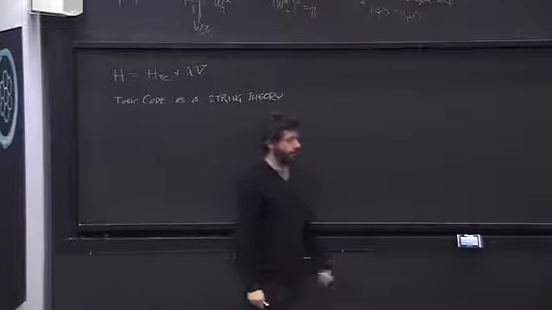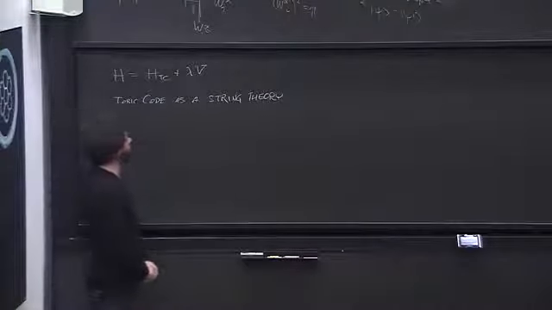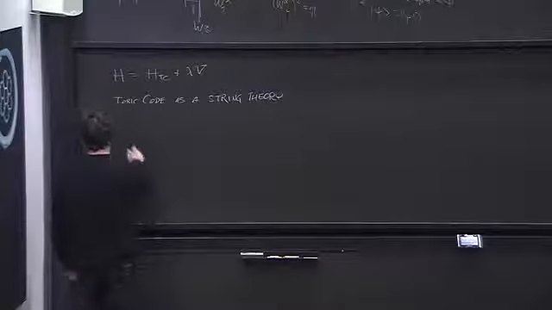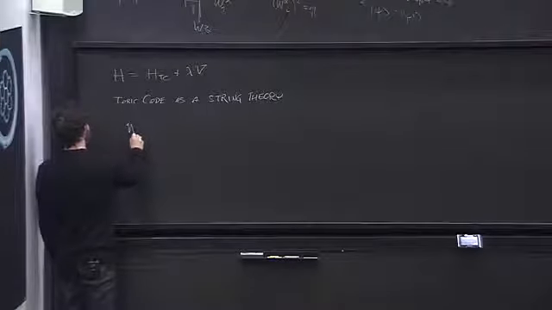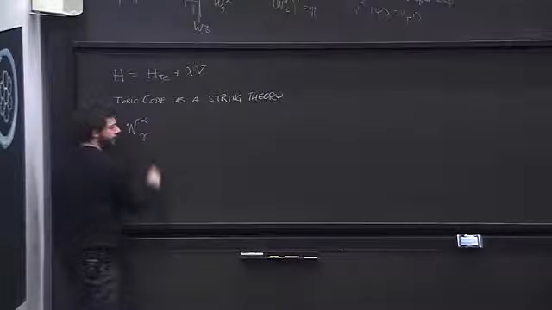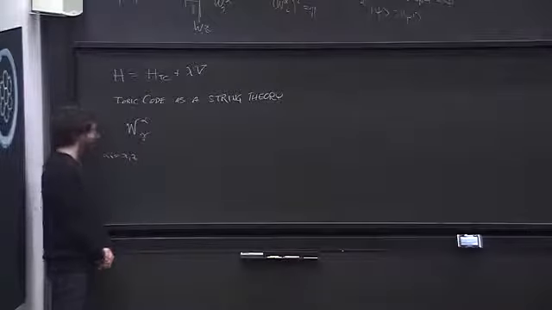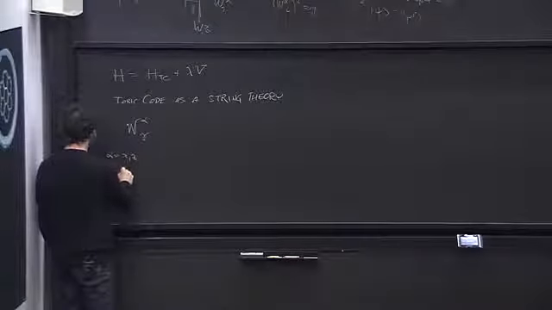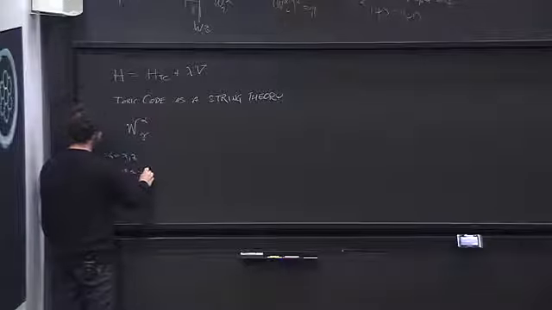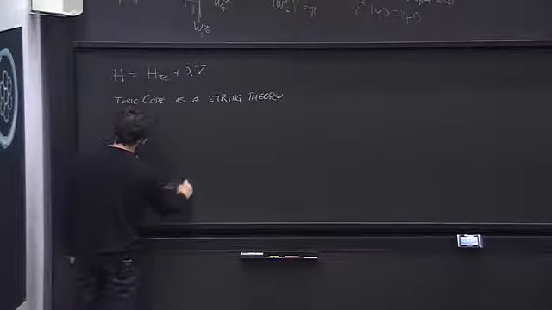So what do I mean by this? Okay, so we have already introduced our string operators in this way. Here I have W^alpha of gamma. Alpha has 2 values, X or Z. And gamma is a curve on the lattice or on the dual lattice.